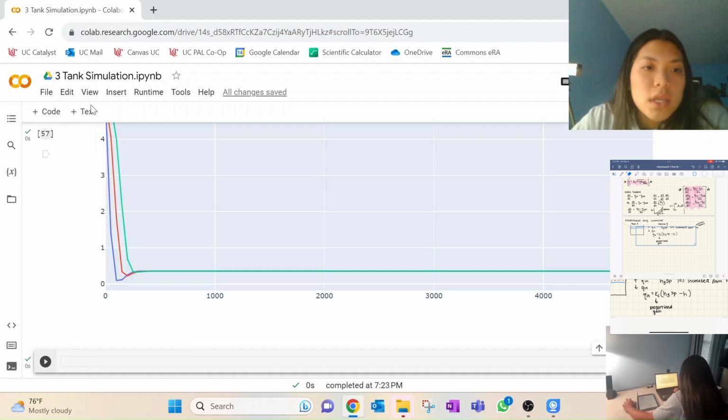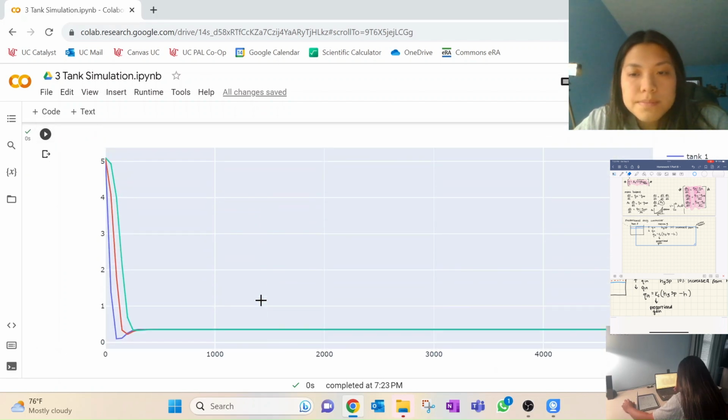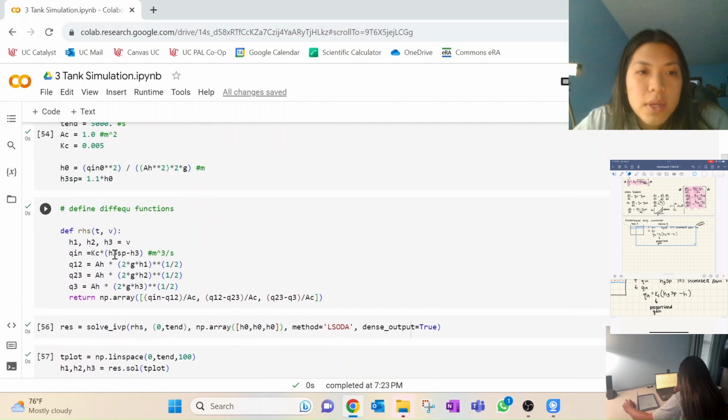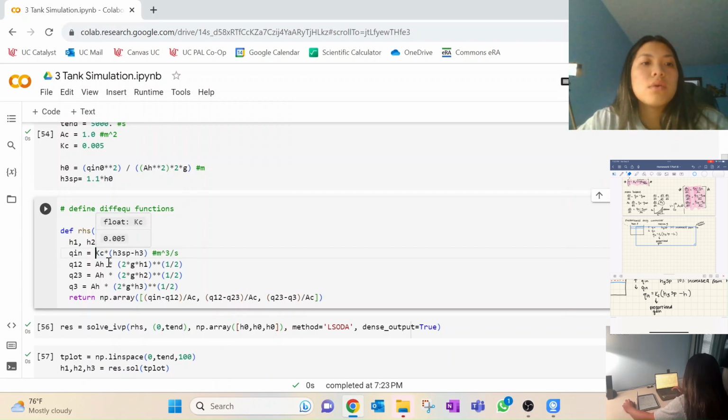And if we take a look at the plot here, it doesn't look too great. So what is happening? Well, this flow in is not changing with respect to the initial flow. So there's already some flow in it, and we want to change that initial flow.